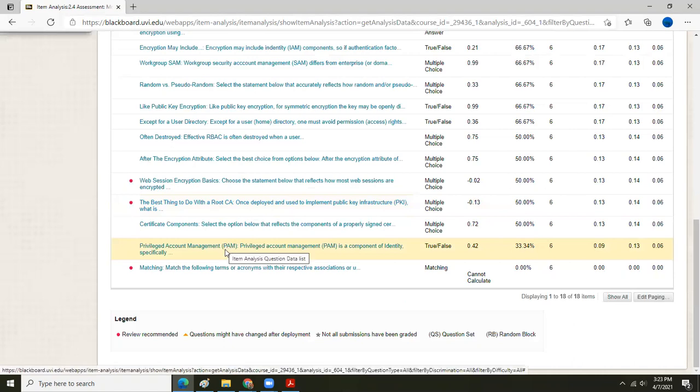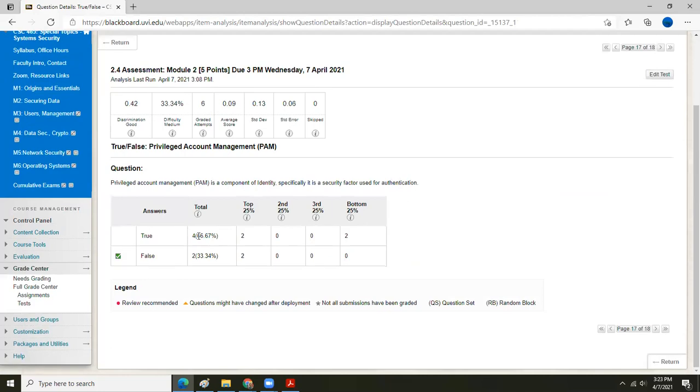Privileged account management is a component of identity, specifically. So the statement reads, privileged account management is a component of identity, not identity account management as a whole, just identity. Specifically, it is a security factor used for authentication.